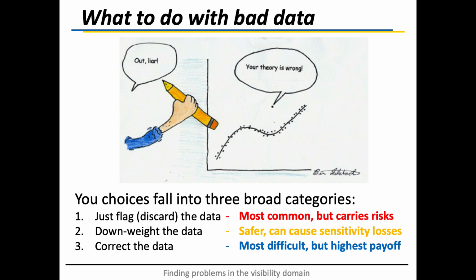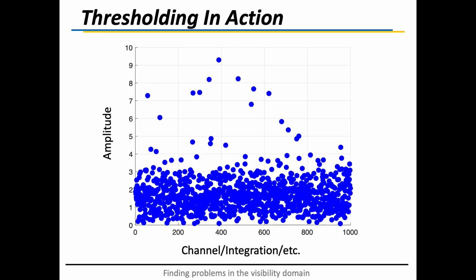So, focusing right now just on the first choice, just on flagging of data, the most common approach is something like this. So you make a plot where the y-axis is amplitude and the x-axis is anything from channel or integration number or lots of quantities that you can plot across the x-axis. And in looking at this plot, I've got lots of data points that are here.